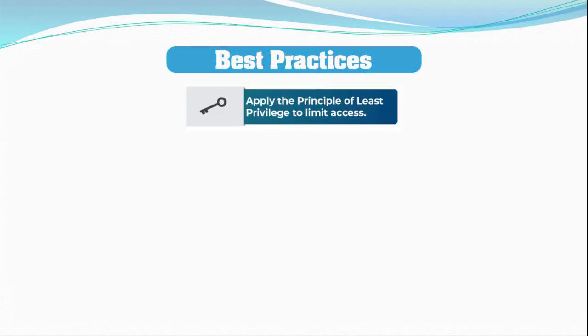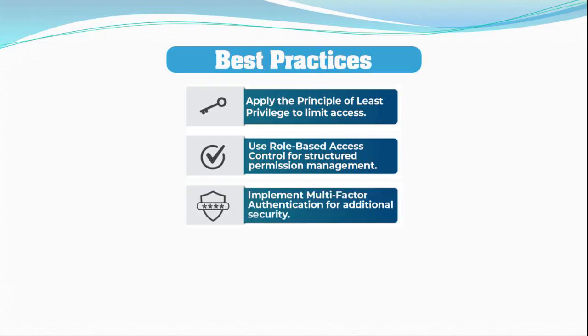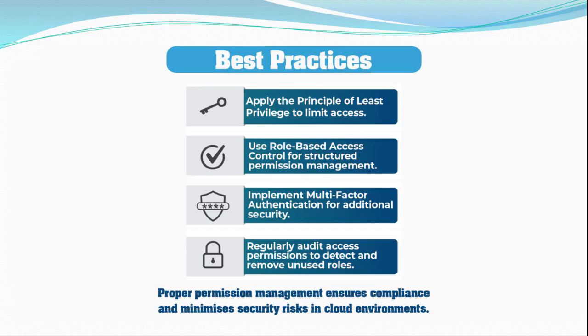Apply the principle of least privilege to limit access. 2. Use role-based access control for structured permission management. 3. Implement multi-factor authentication for additional security. 4. Regularly audit access permissions to detect and remove unused roles. Proper permission management ensures compliance and minimizes security risks in cloud environments.